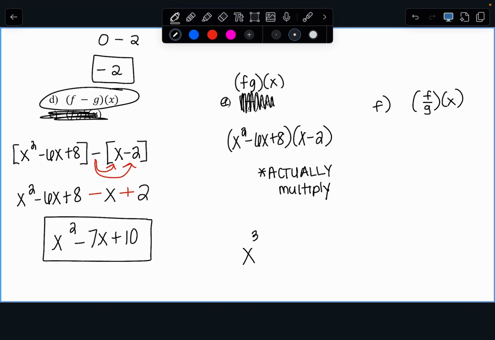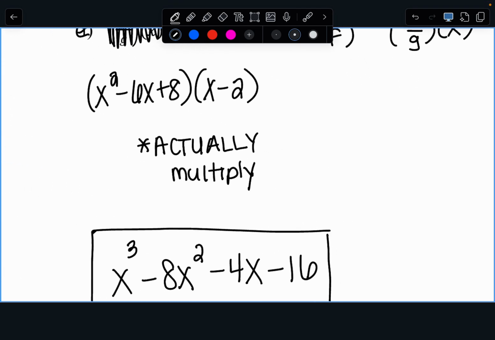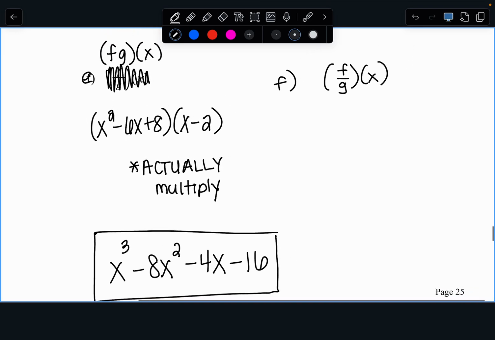So this would be a final answer of x to the third minus 8x squared. I'm sorry, on the top, is that a 3 on top of it? It's a 2. Okay. And then you'd get your final answer once you combine like terms and distribute. Again, just because of time purposes, I'm not going to show that step.